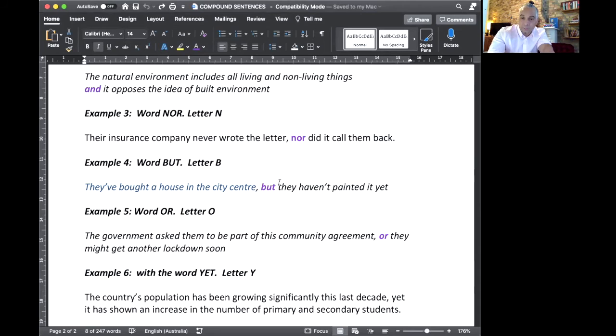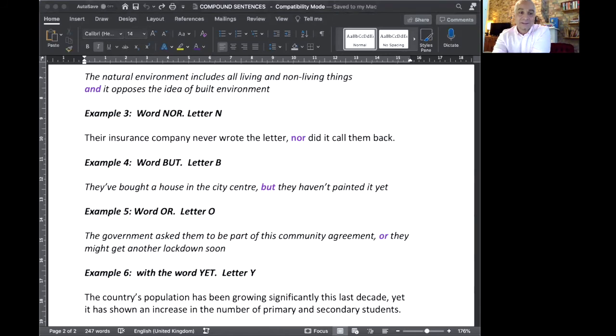That's a complete thought again. And then another complete thought. They haven't painted it yet. Yeah, that's a complete thought, even though there's an it there that can probably be replaced, and separated by the word but, after a comma, of course. Two independent clauses put together to make only one longer sentence, which is rewarded and appreciated always in the IELTS test.